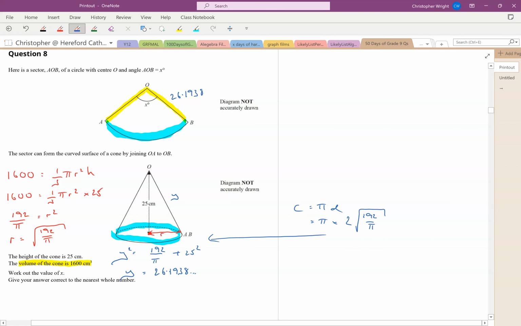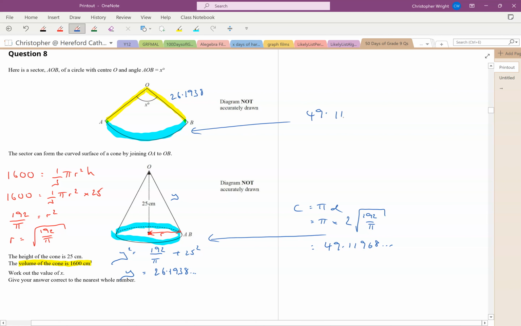I could put a number on that: 192 divided by pi, square root, times 2, times pi, which is 49.11968, and so on.